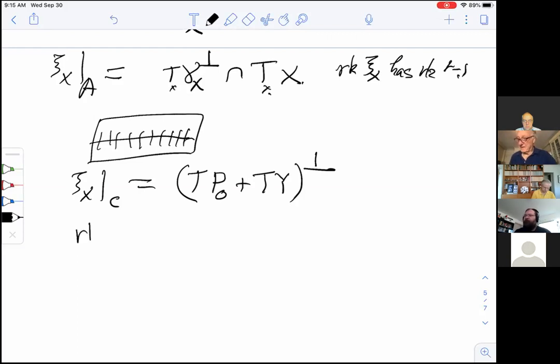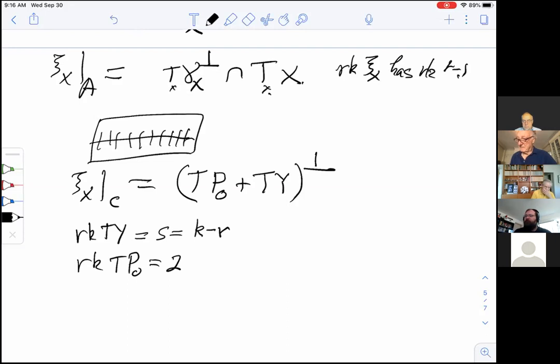So the rank of the tangent bundle of Y, so let's work at a point, the rank of the tangent bundle of Y is S, which is the ambient dimension minus R. The rank of the tangent bundle of P naught is 2. P naught's a subset of the plane.